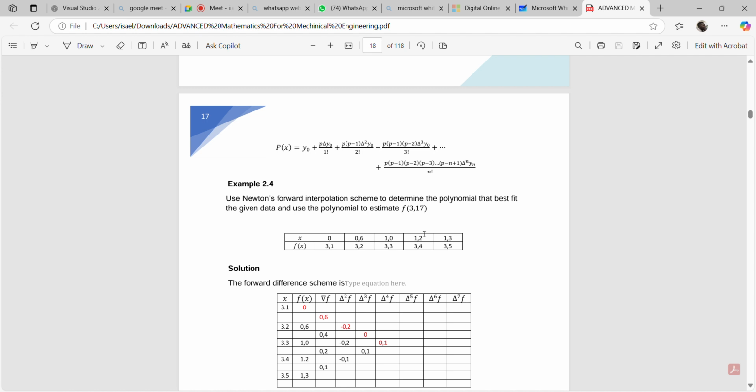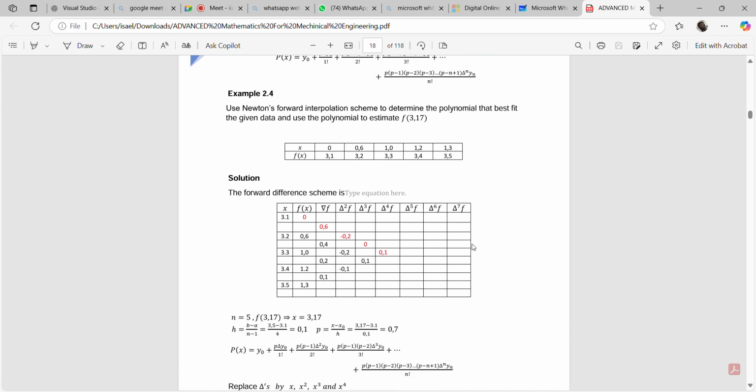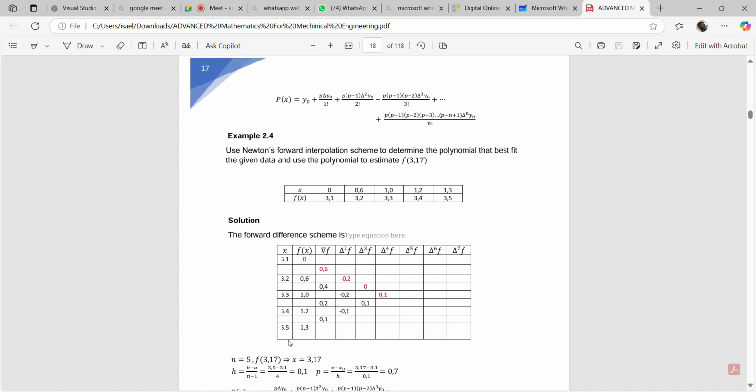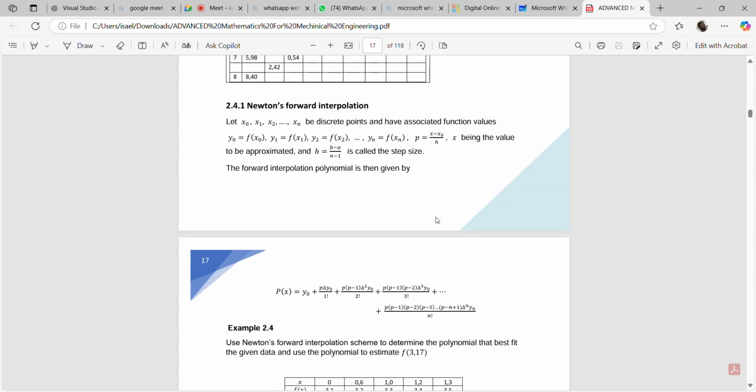Straightforward, we'll move through this example and solve it. What is the first thing to do, guys? You need to be able to solve for your h, which is called the step. First thing to identify, if you look at these two formulas, you need a p.